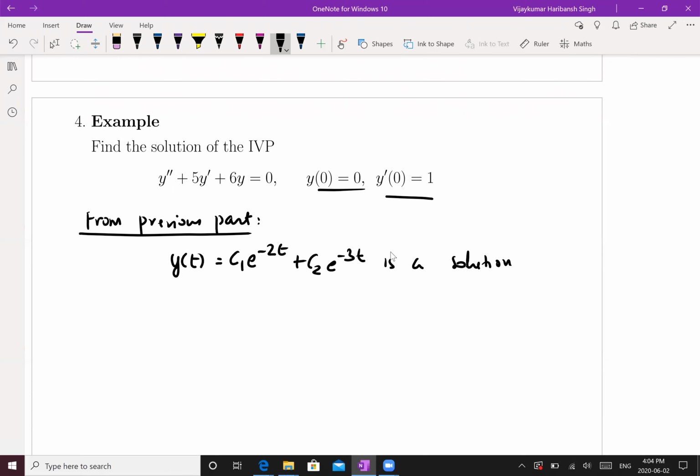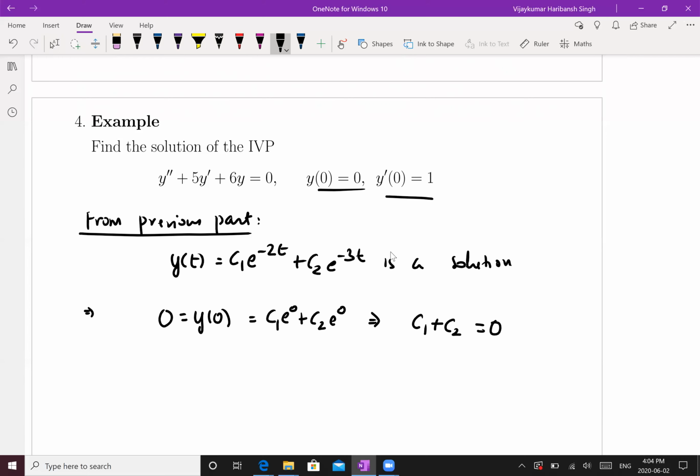So let's substitute. This would imply y of 0: on one hand it is 0, on the other hand we get c1 e to the power 0 plus c2 e to the power 0. So this implies c1 plus c2 equals 0.